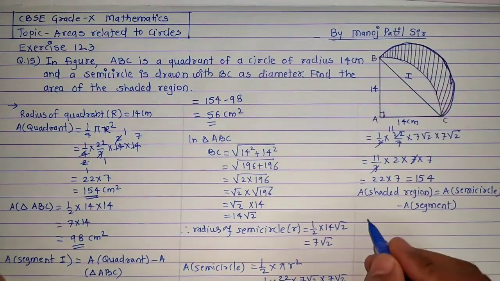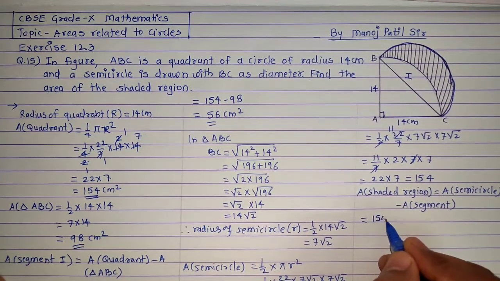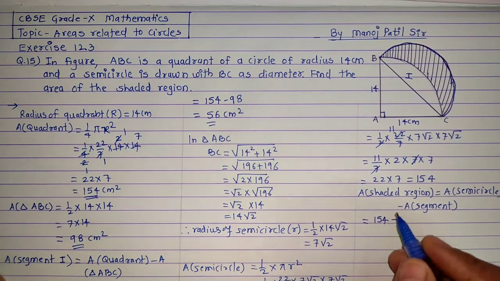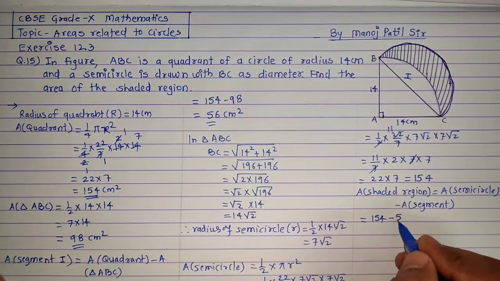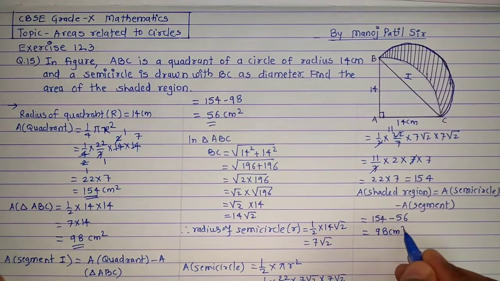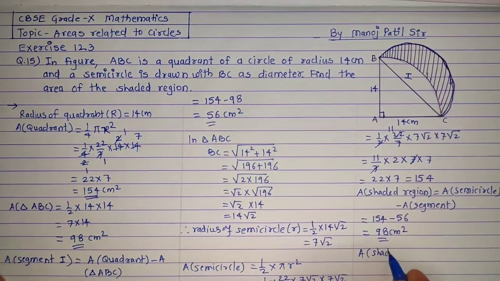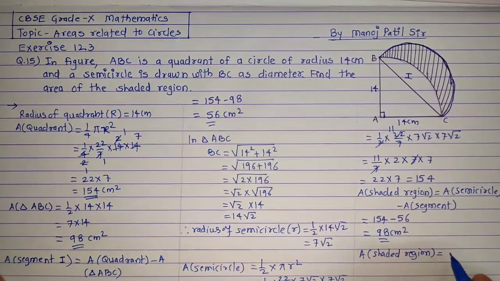Area of semicircle is 154, and area of segment we have found, that is 56. So 154 minus 56 is equal to 98 centimeter square, and therefore the area of shaded region is 98 centimeter square.